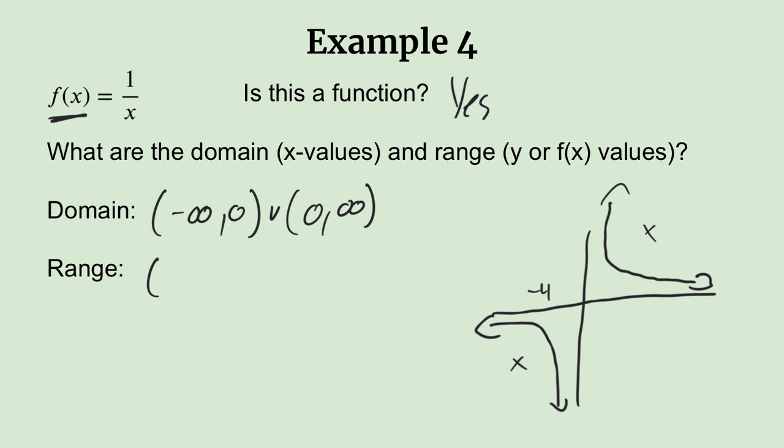It's one of those limits we were talking about where you get close to 0 but never cross it, because there's nothing to plug in that will actually equal 0. You get smaller and smaller, but you'll never quite hit it. So the range would also be negative infinity, 0, parenthesis, union, 0, infinity.